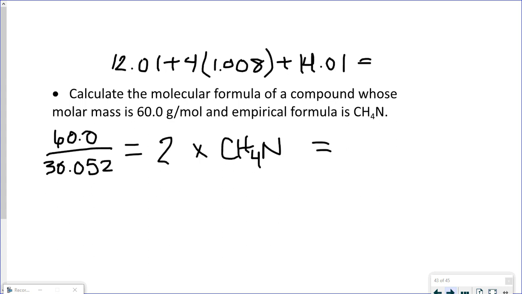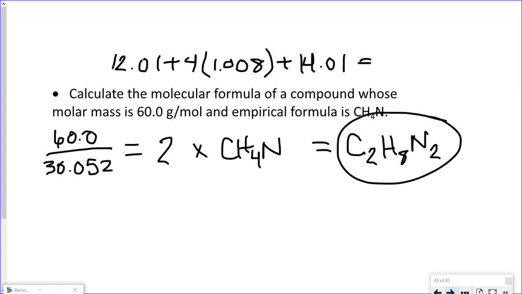So that means that our molecular formula, carbon, will now have a subscript of 2. Hydrogen will now have a subscript of 8. And nitrogen will now have a subscript of 2. And remember, this does not have to be reduced. So that will be our molecular formula.